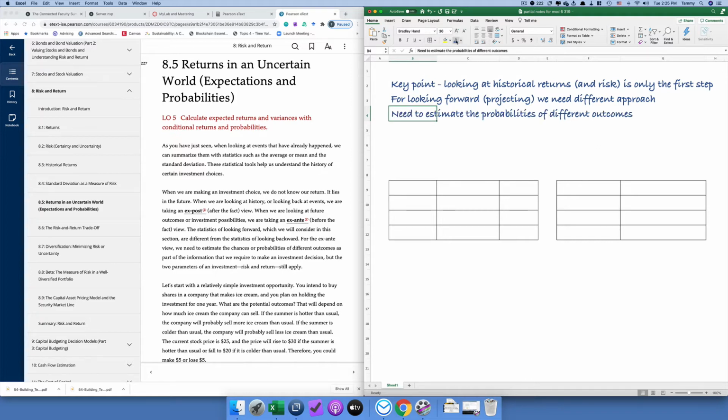What we have to do is we need to look at the probabilities of different sort of states of the world and then use those probabilities to help us determine an expected return and an expected standard deviation for our investment. This is something that we call scenario analysis.